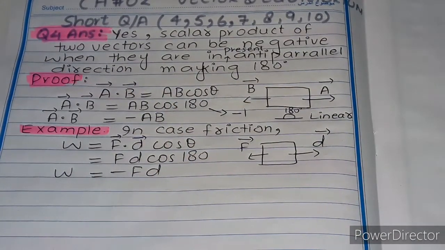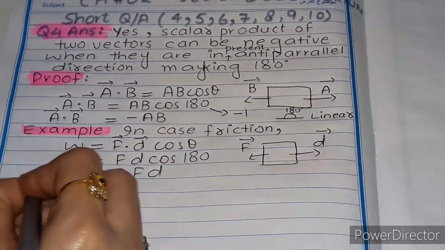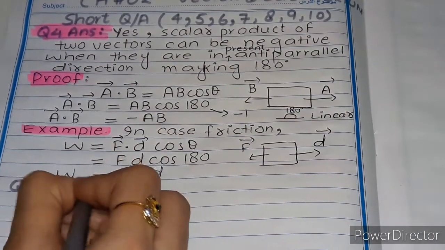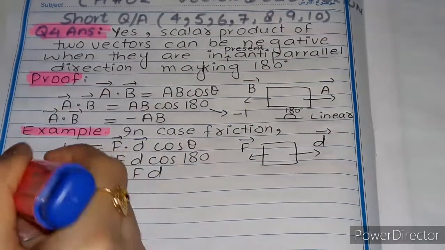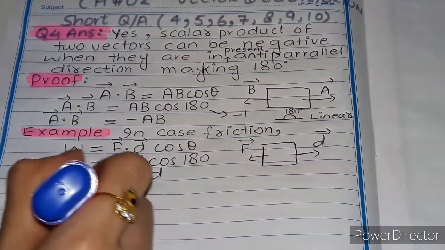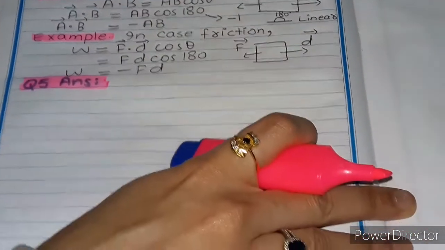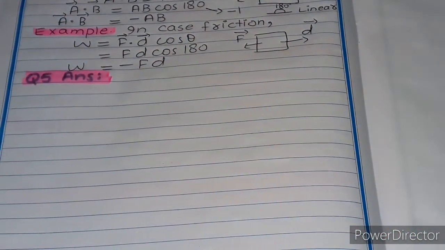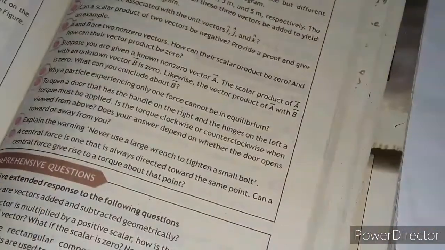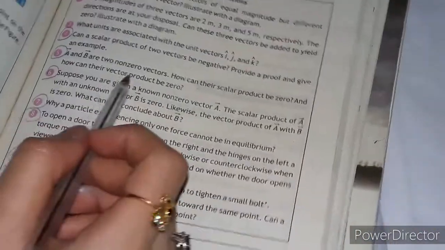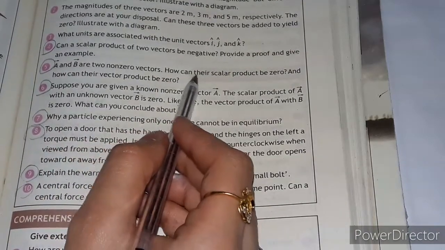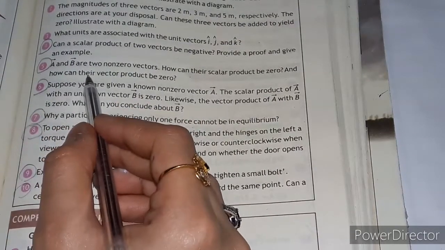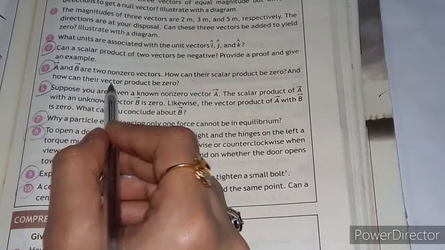Now question number 5. Question 5, a statement is given. A and B are the two non-zero vectors. How can their scalar product be zero, and how can their vector product be zero?